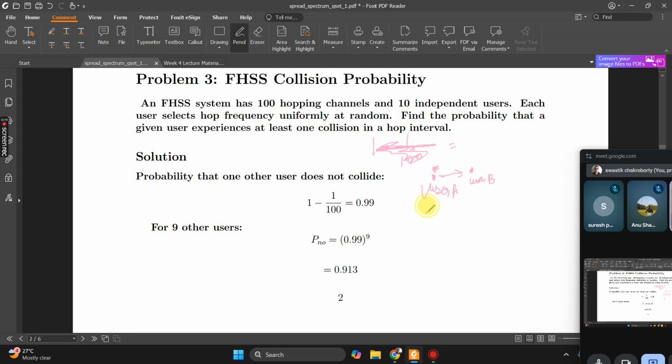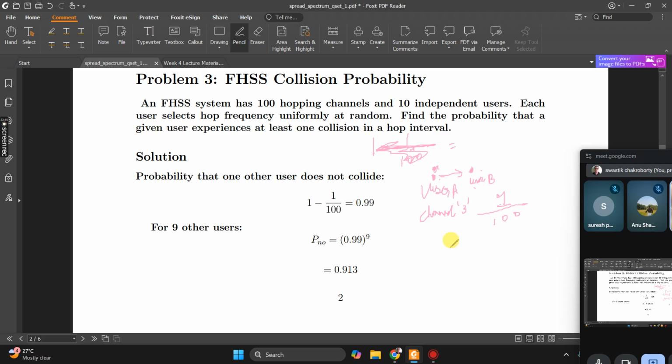Say user A has taken channel 3. For user A and user B collision to happen, it has to choose channel 3. It can only choose one channel out of 100 channels. So the probability that user A and user B will have the same channel is 1 by 100.